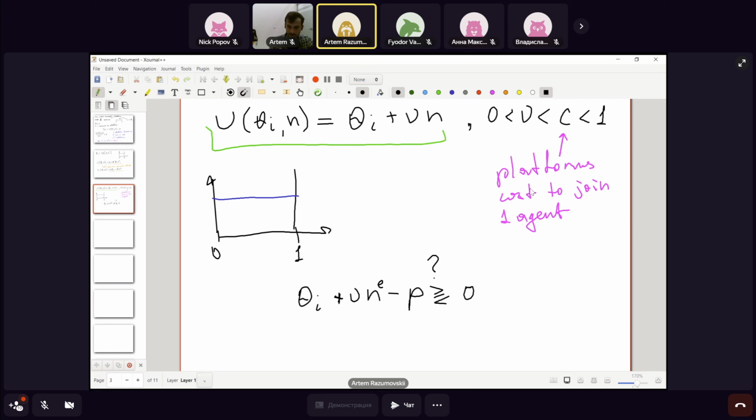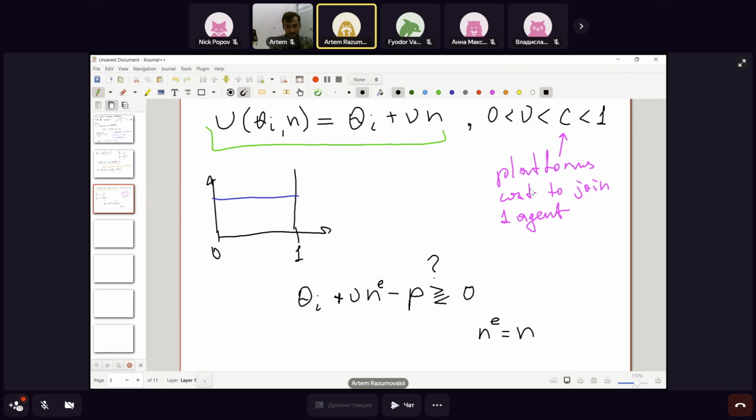It means that in Nash equilibrium, n expected is supposed to be equal to n. Everyone thinks that those who are expected to join will join, and so on.